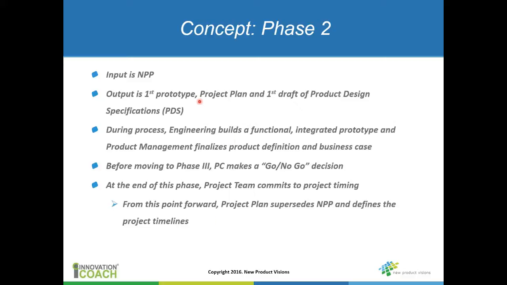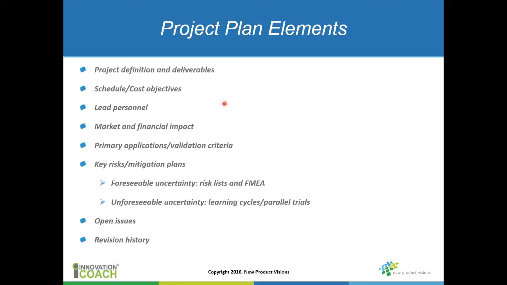All right, so now let's come back to the project plan. Again, like the new product proposal, a project plan is going to have multiple elements. And while you might be able to do this within the context of a Kaizen event, more than likely there are going to be multiple events that play into developing this plan. And again, the piece of paper is not as important as the process that you go through to get to that point.